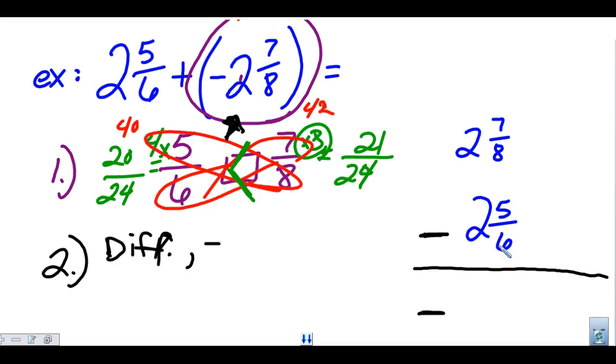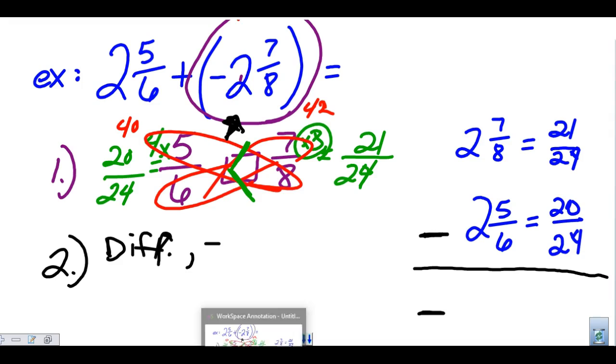We've already figured out the common denominators here so that we can subtract. We have 21/24ths and 20/24ths. 21/24ths minus 20/24ths, well, 21 minus 20, we're left with 1/24th.